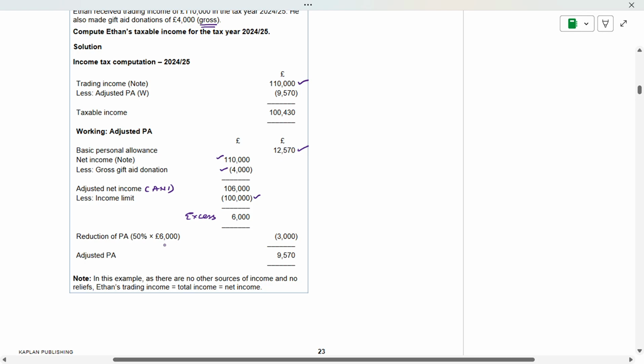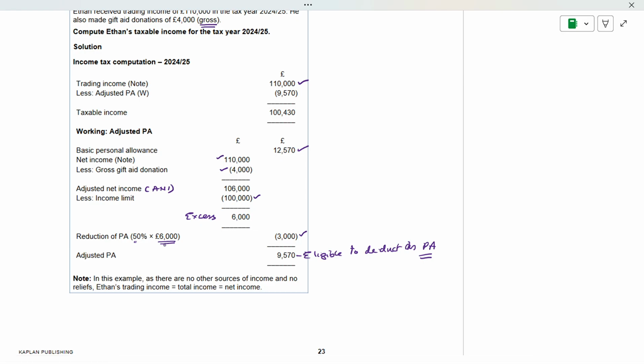Now on the excess, how much can your personal allowance be reduced? 50% of the excess. 6,000 times 50% means this much you can reduce. Whatever is left is what you are eligible to deduct as personal allowance. So is this 50% a tax benefit we get, or a tax which has to be paid?